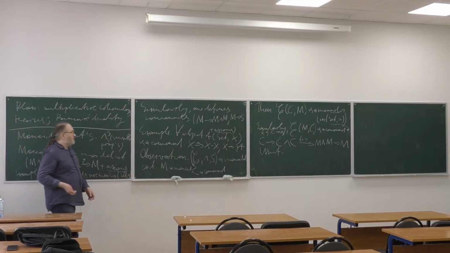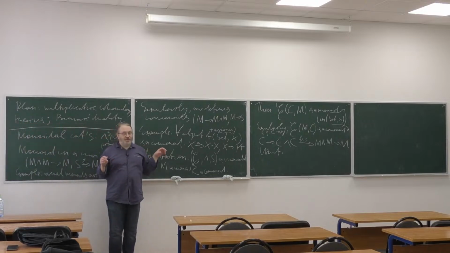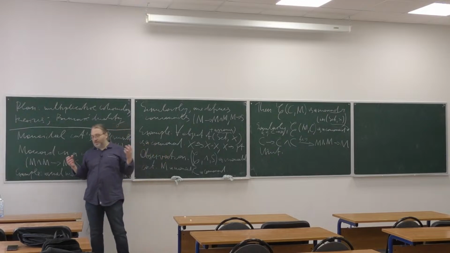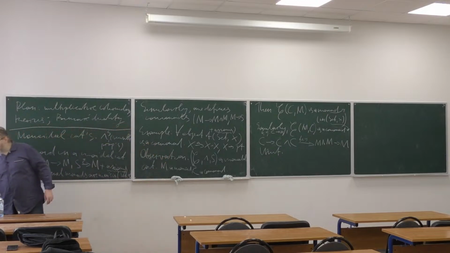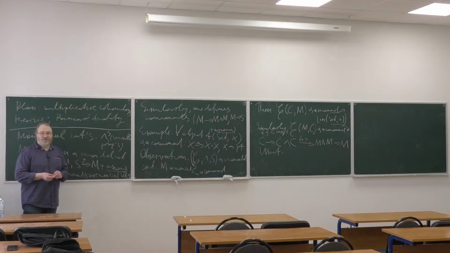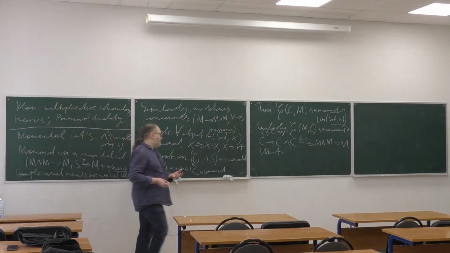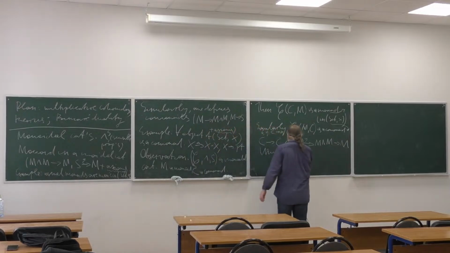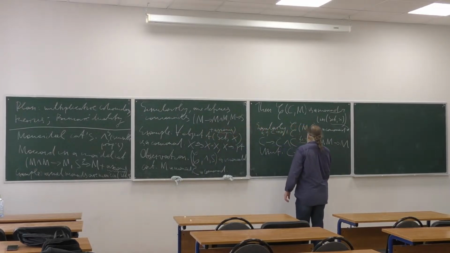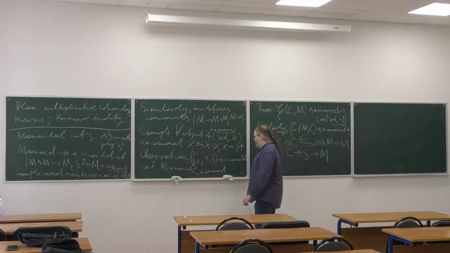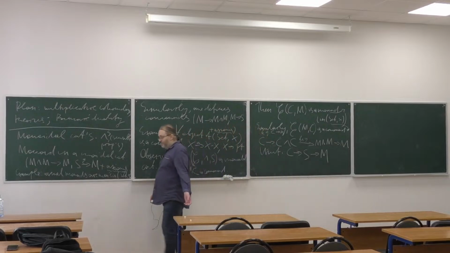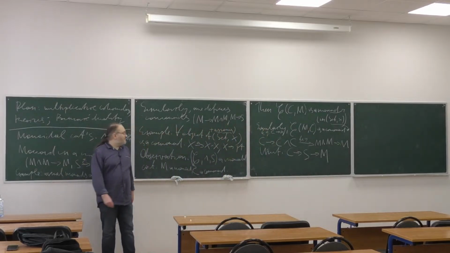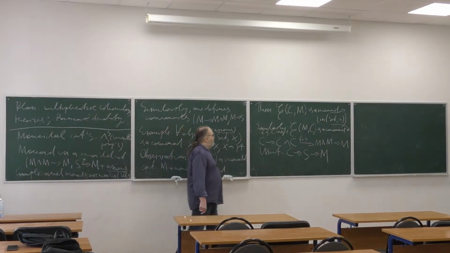I need some preferred map from C to M. How do I define it? Yes. So C, S, M. I take the counit for C, compose it with the unit for M.